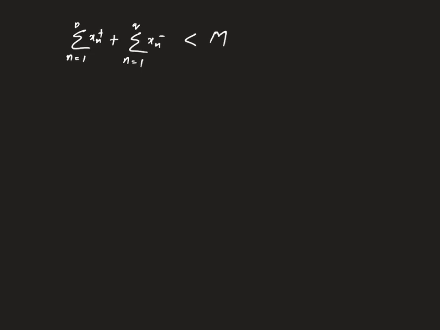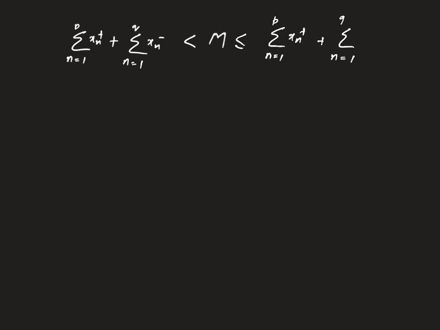But we also want, as before, this to be the smallest q for which this happens. How do we make that precise? The smallest such q would be the q for which m is less than or equal to the summation of n from 1 to p of xn plus, minus the summation of n from 1 to q minus 1 of xn minus. This allows us to extend f further.